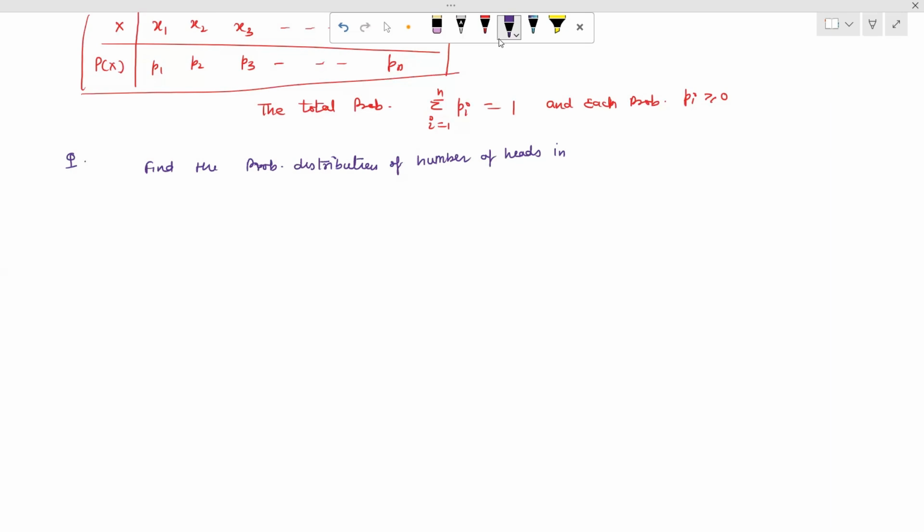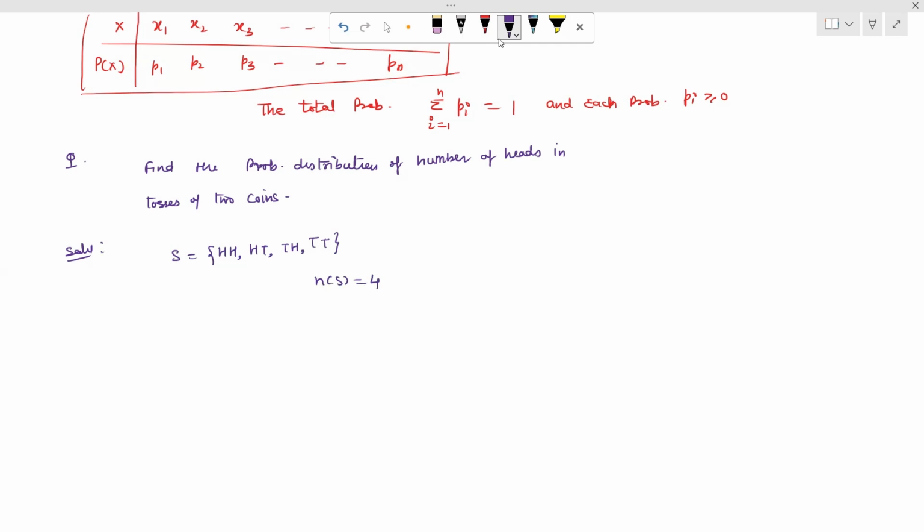Basically, tosses of two coins. When two coins are tossed, the sample space we can write down directly: both are head, one tail and one head, and both are tail. So the possible outcomes have only four elements. That means the sample space has four elements.